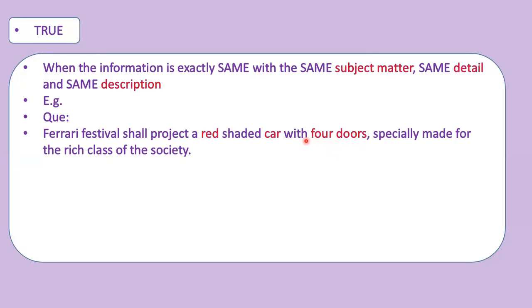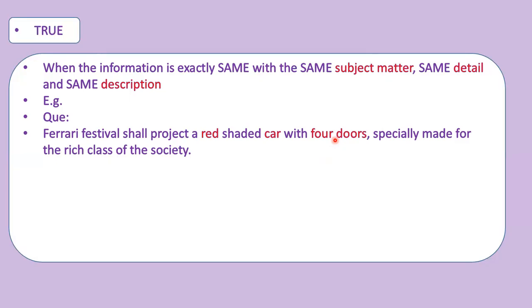Obviously, it is the number of doors or the quantity of doors. So the quantity or number of doors becomes the description. All right. And what is the detail in it? The detail is 4. So what we have to do is focus on the facts and figures, right? That's extremely important while solving true, false, not given.